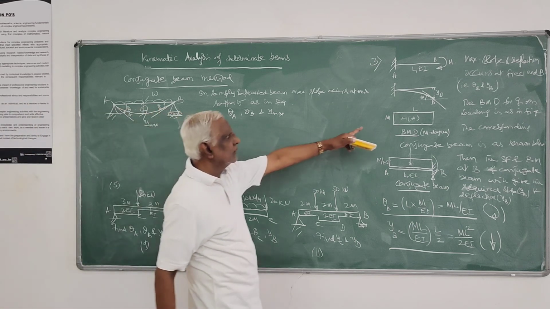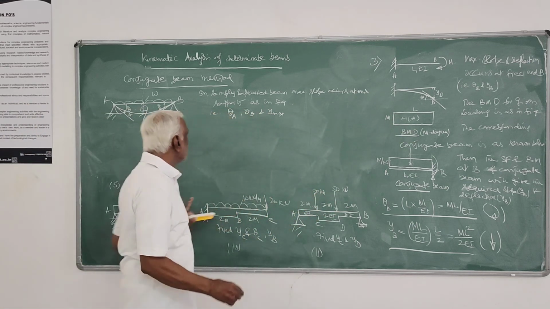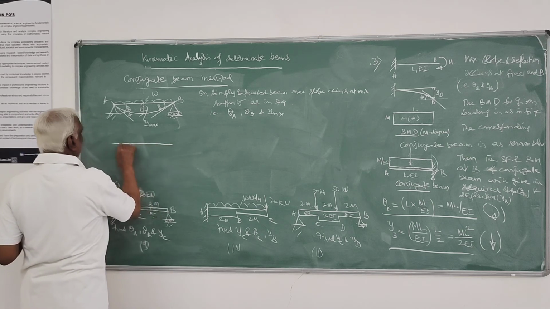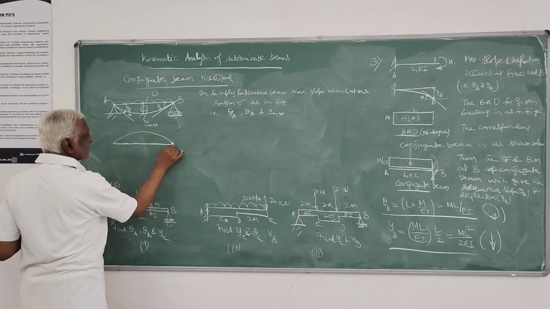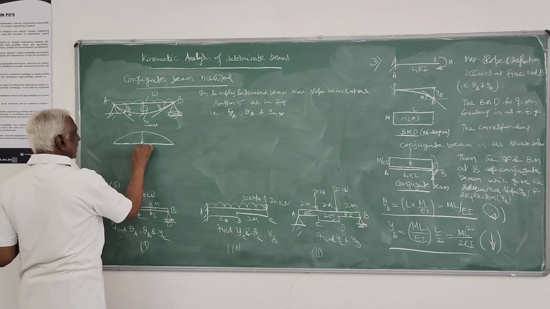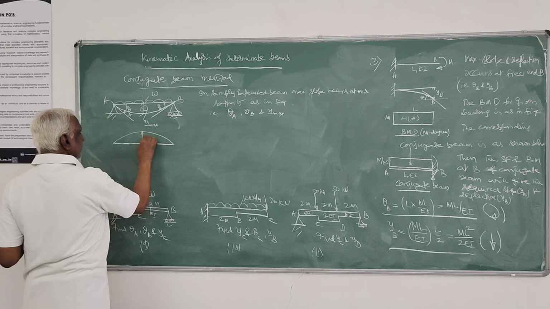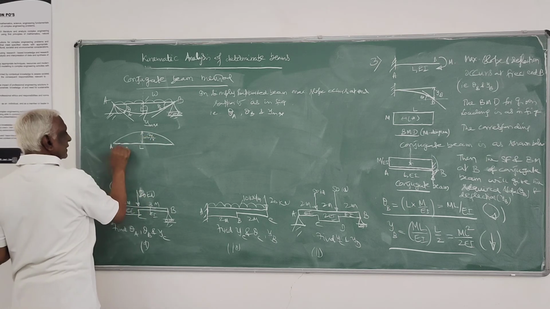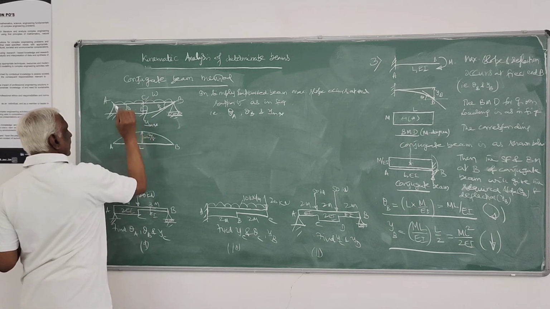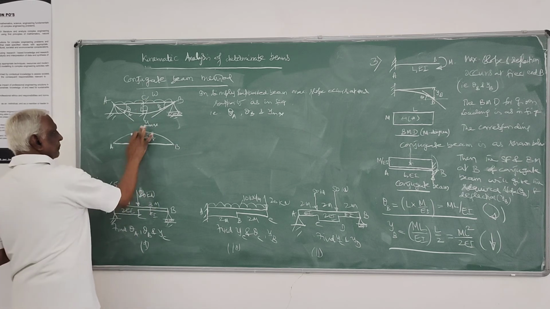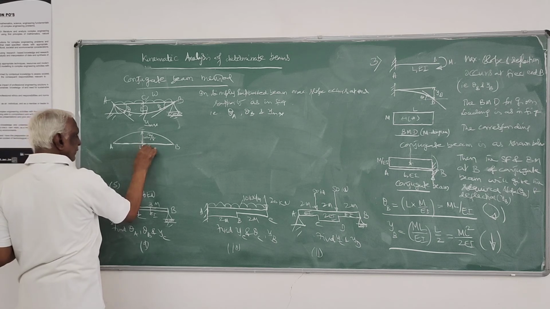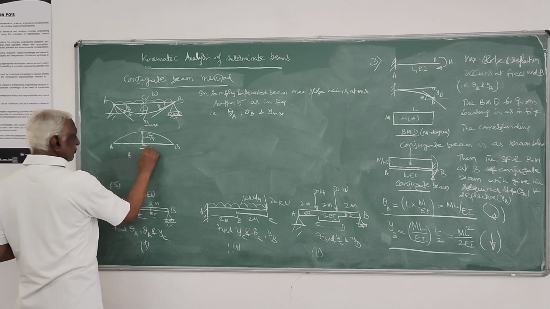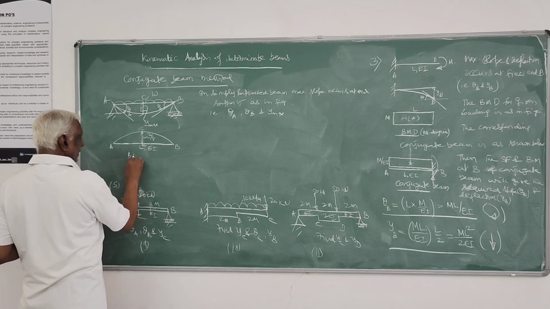So next step, I have to draw the bending moment diagram. So what is the bending moment diagram for this case? Parabolic. It is parabolic, WL squared by 8. And the maximum ordinate will be at the center. This will be WL squared by 8, and this is AB, and this point I will call C. Okay? That's it. So this, of course, L is AB.